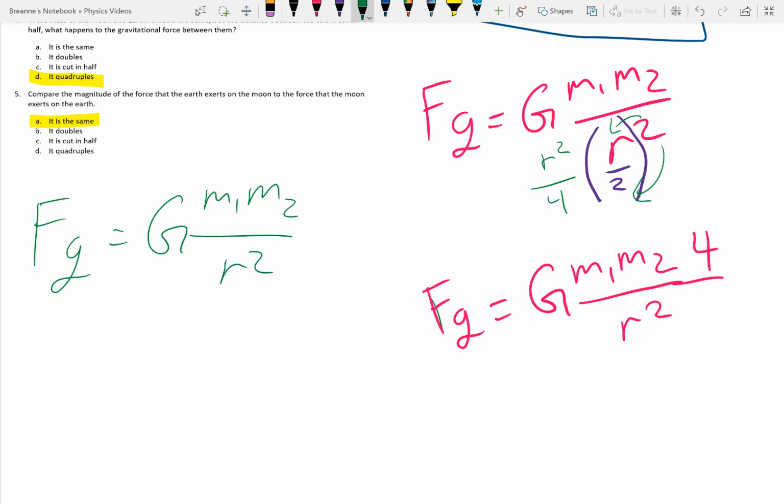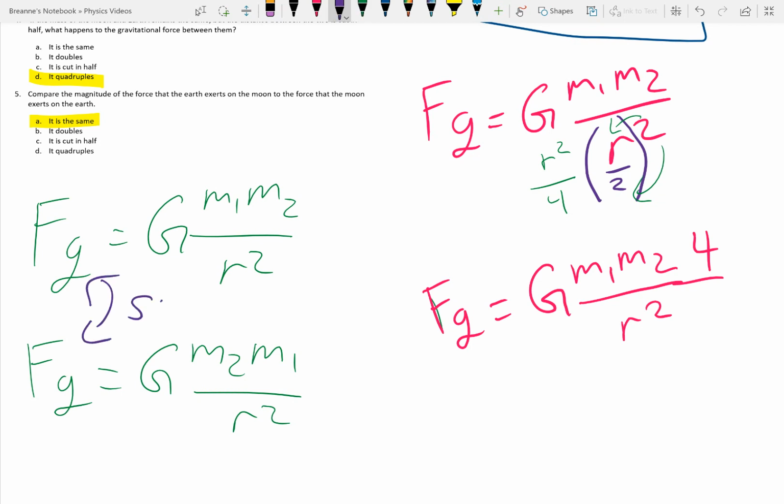No matter which way you write it, even if I write it m2 m1 divided by r squared, you're going to end up getting the same, because they're just being multiplied. So the amount of force that the Earth is putting on the moon is the same amount of force the moon's putting on the Earth. That's where Newton's third law comes into play. For every action, there's an equal but opposite reaction.